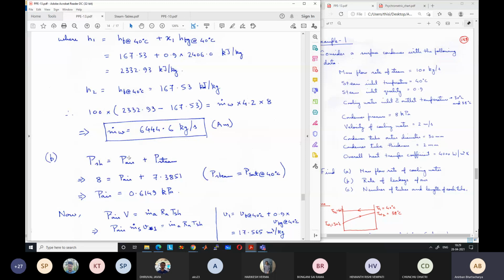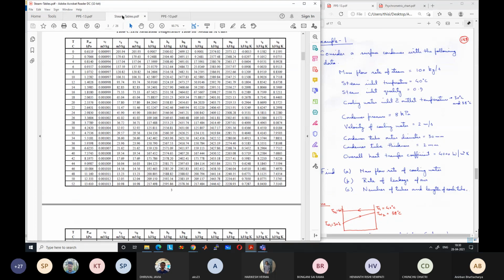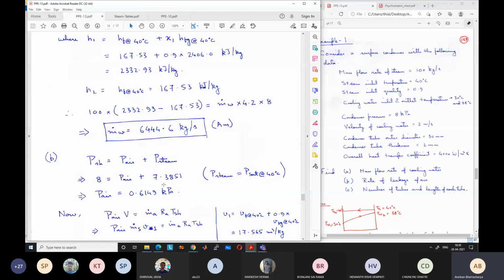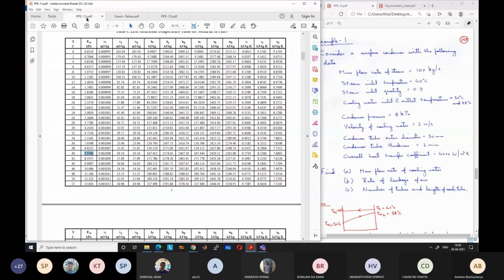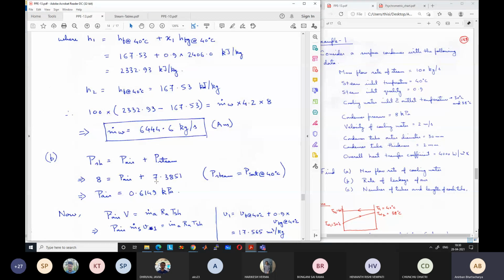I have taken it from another table; here it is given as 7.3743. So 8 is equal to partial pressure of air plus the saturation pressure of steam, 7.3851. So partial pressure of air is 0.6149 kilopascal.